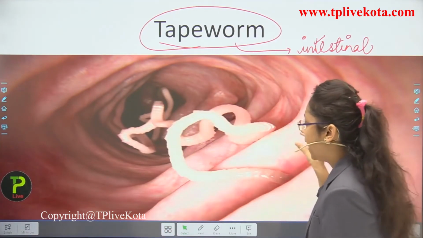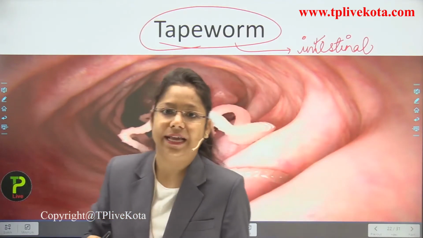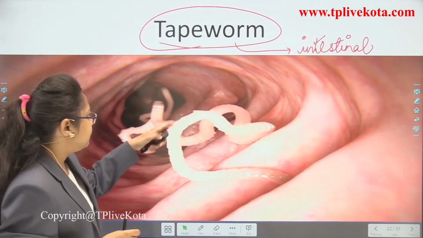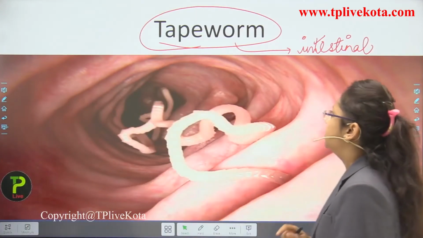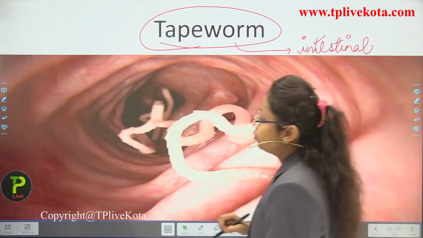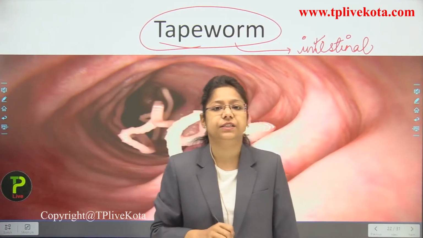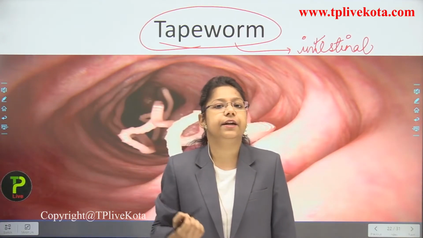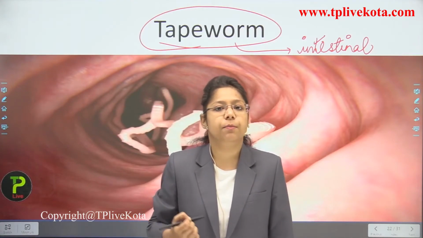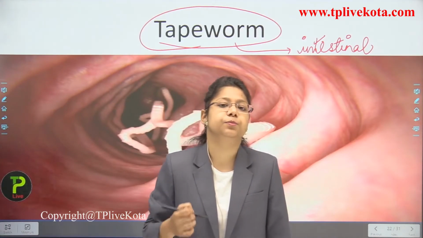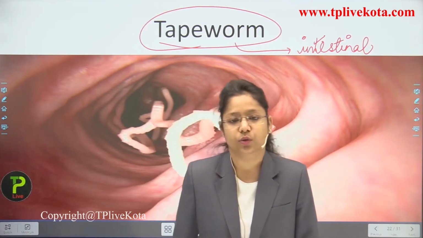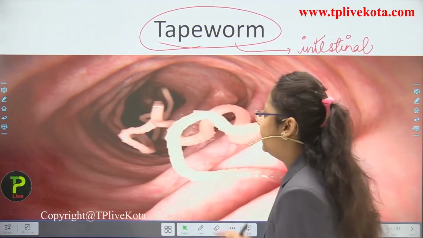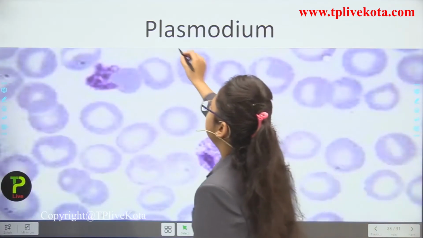It is having a slimy body and a rod-like structure. Now you can see here it is present inside the gut of a person, the intestinal part of the person. Okay, now what happens students, if tapeworm is present inside the intestine, then it can cause certain abdominal cramps inside the person's body, or it can cause severe stomach ache also. So this is parasitic.